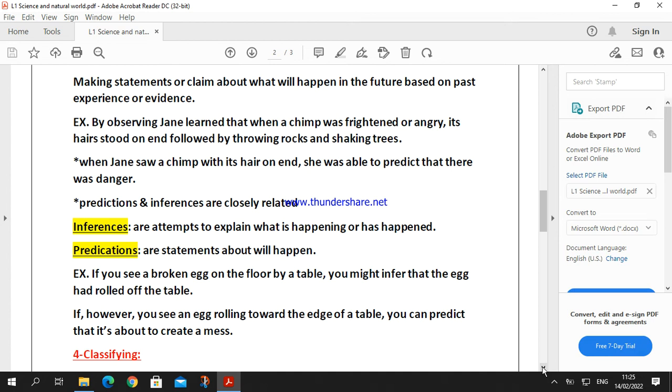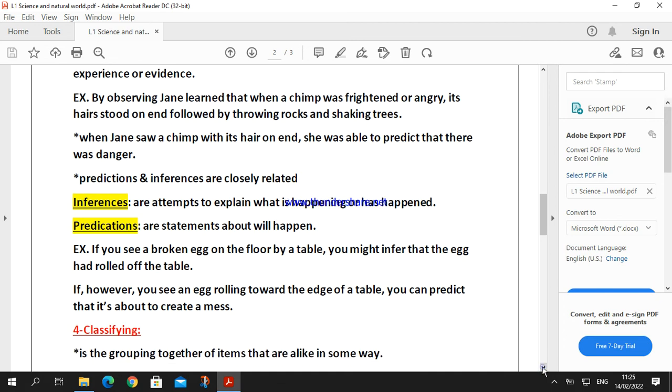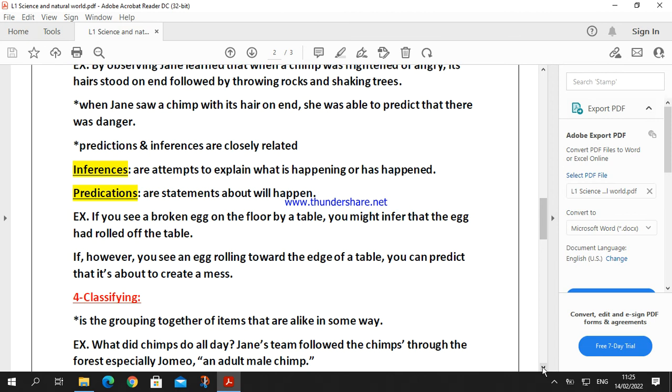If you see a broken egg on the floor by a table, you might infer that the egg had rolled off the table. If, however, you see an egg rolling toward the edge of the table, you can predict that it is about to create a mess. So, inference attempts to explain what is happening or what has happened, while prediction claims what will happen in the future.